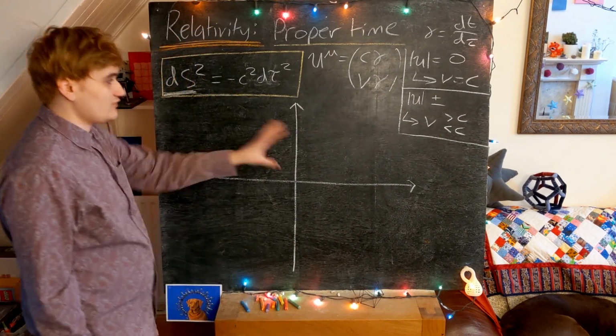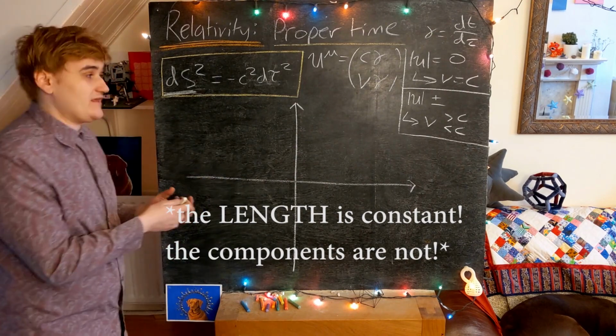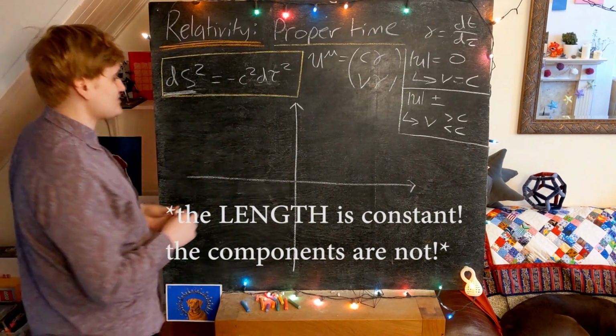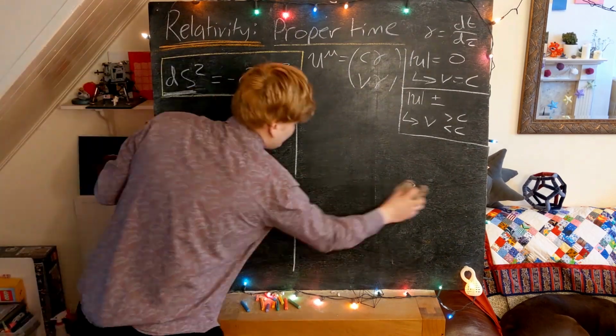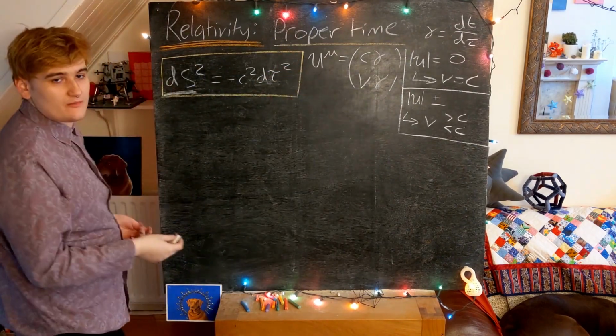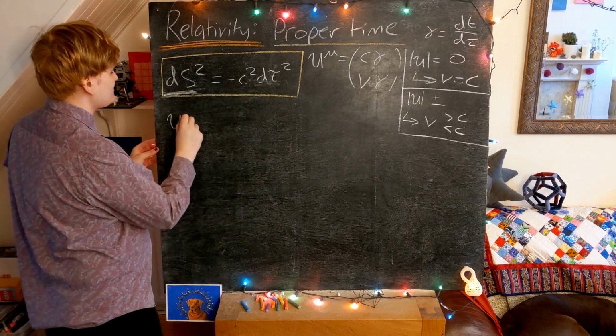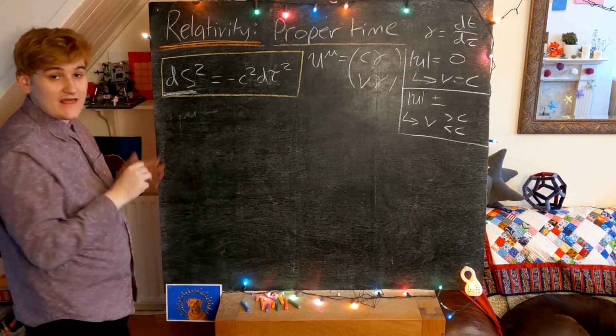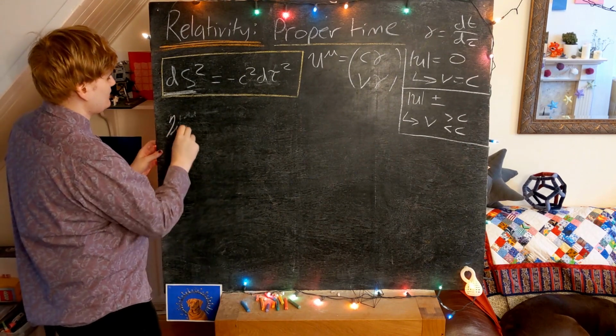So we've said that the four-velocity is going to have a constant length. It's going to be invariant. What's this value now actually going to be? So let's just remember we wrote down the expression for how we compute the length of the four-velocity.